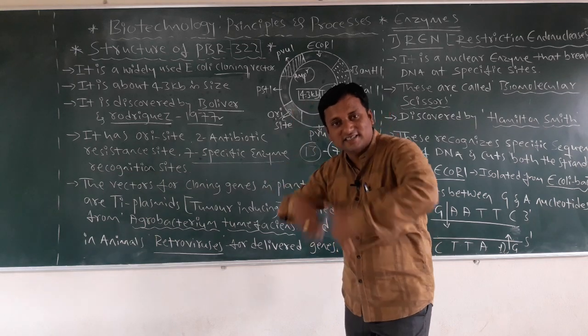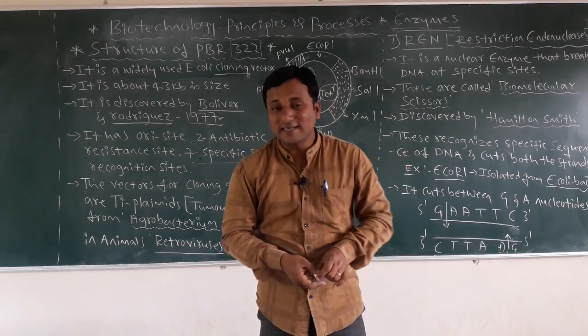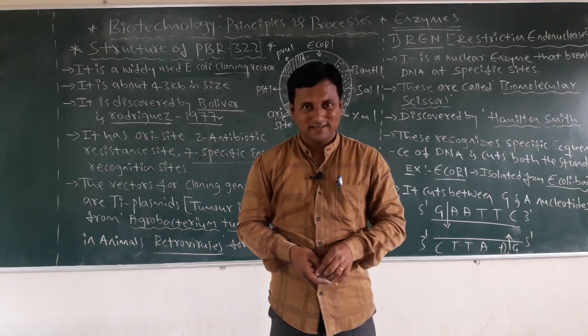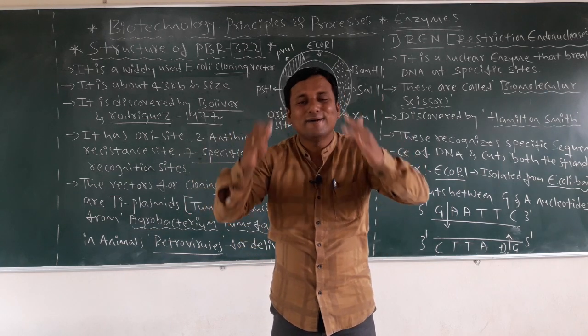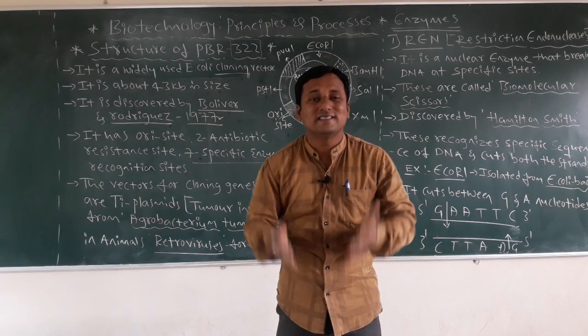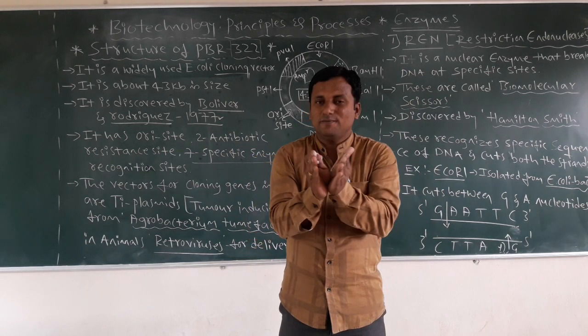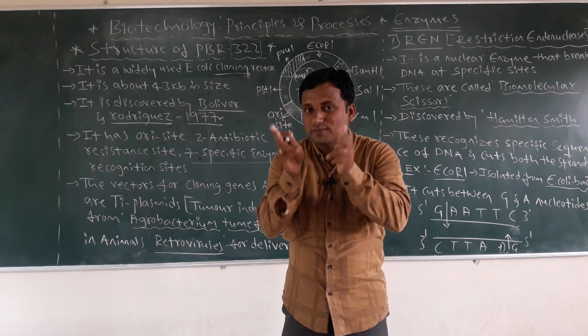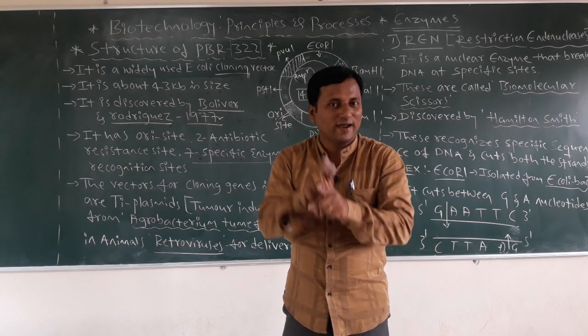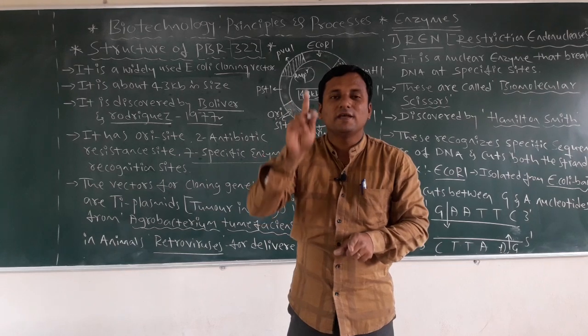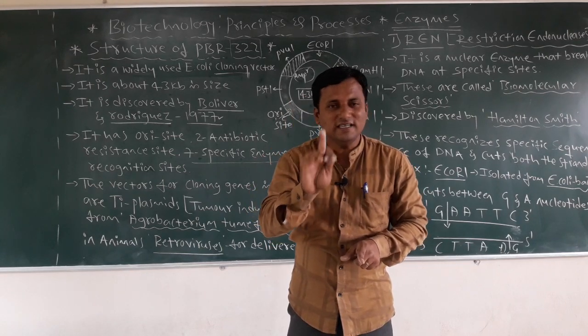It is inserted into the cytoplasm of the bacteria, then it forms a number of copies, the same copies. Only those same copies we are going to get. Because of that reason we use the vector. What is that vector? pBR322.